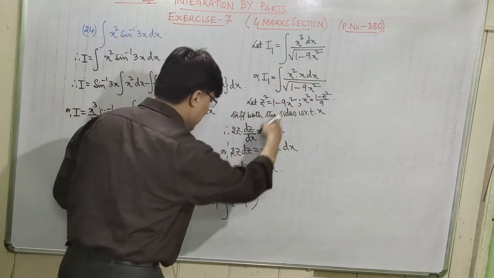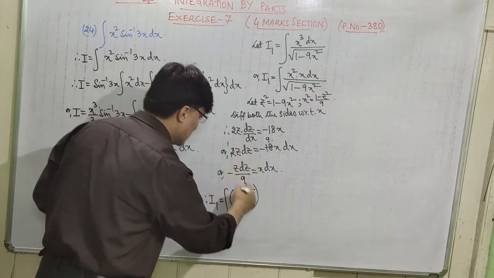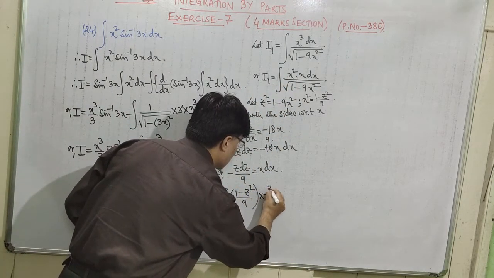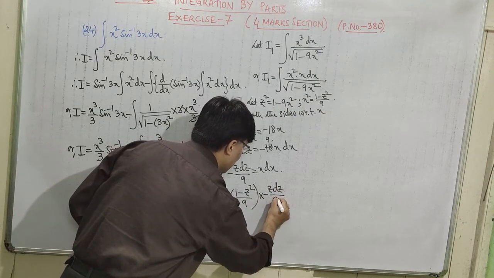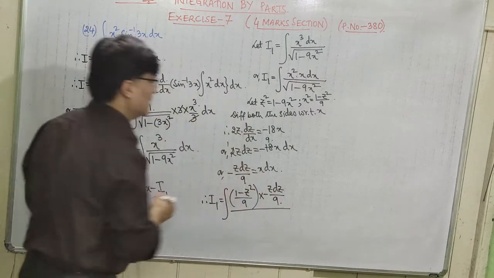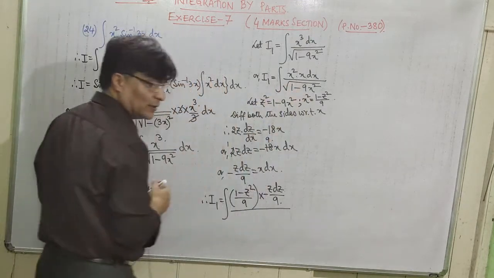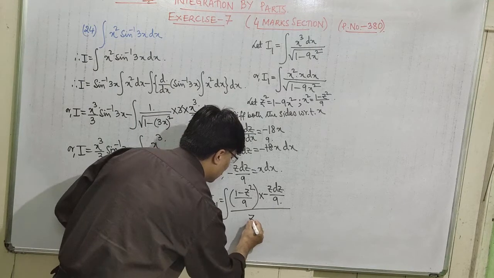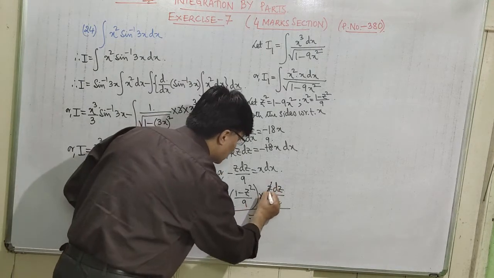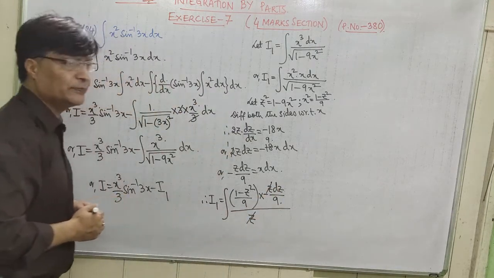Okay. What is x dx? It is into minus z dz divided by 9 whole divided by, this is square root of z square. What is square root of z square? That is your z. So here this z gets cancelled.